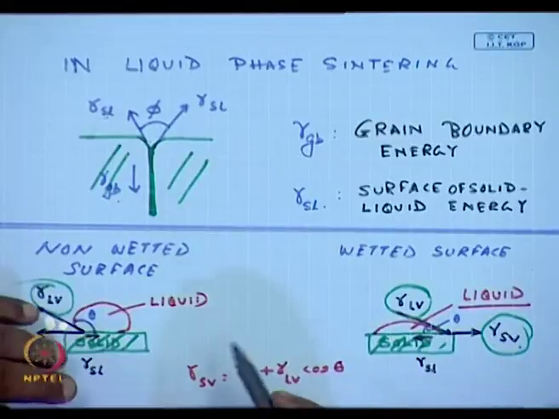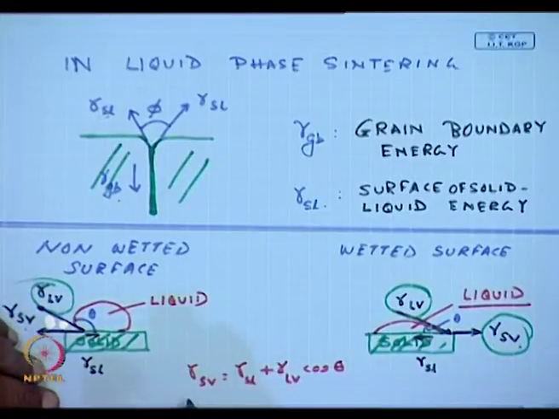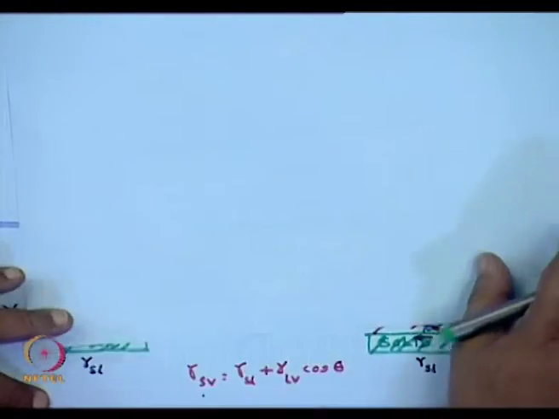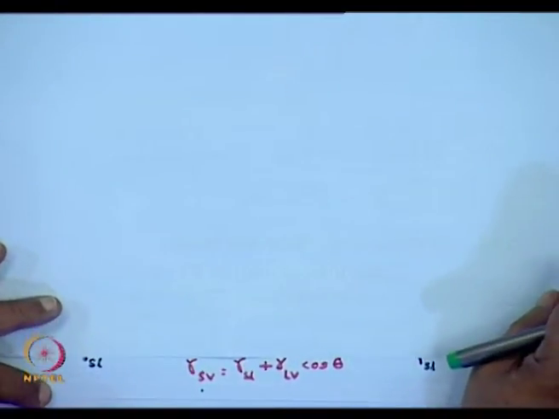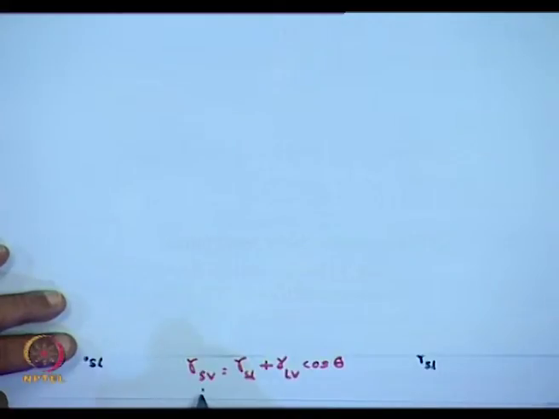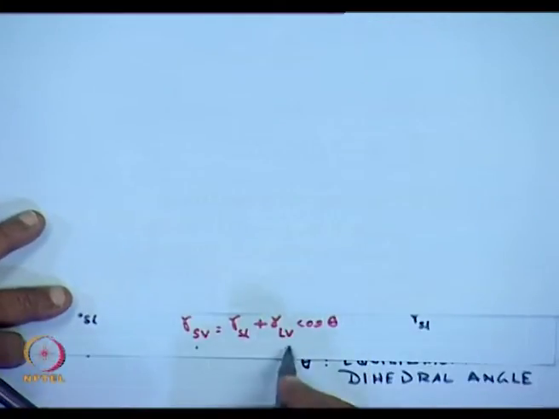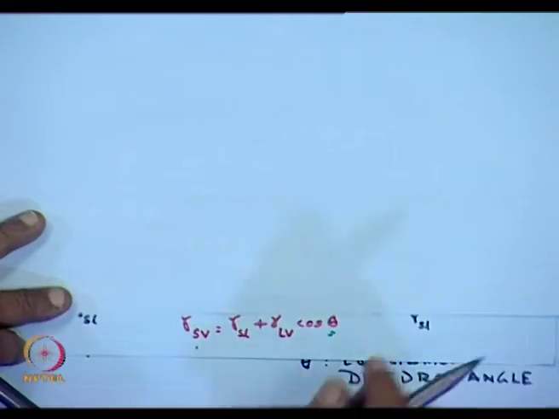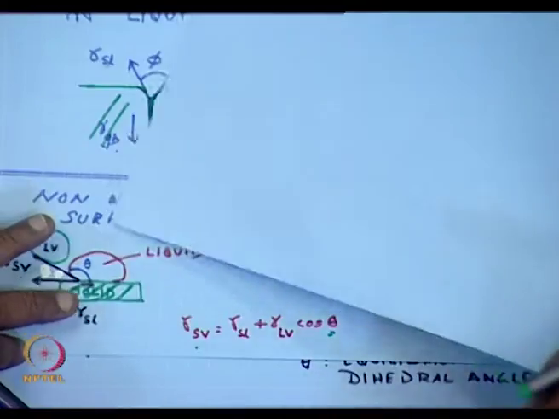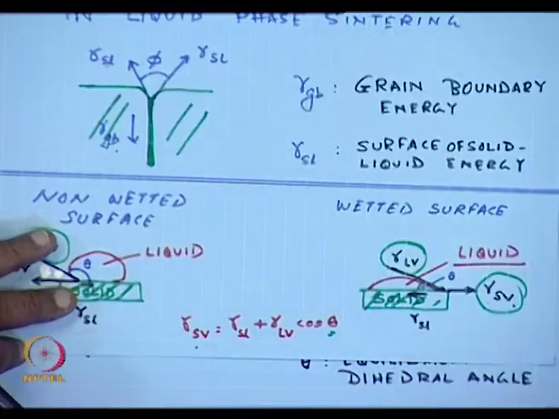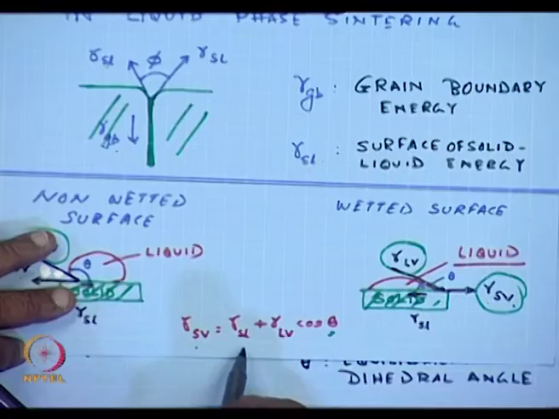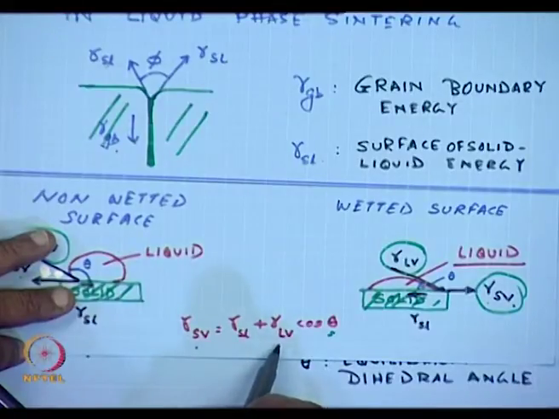I have drawn a relationship where we can state this simple equation: gamma SV is gamma SL plus gamma LV cos theta. This theta is the dihedral angle. So, the surface vapor free energy is a summation of this.